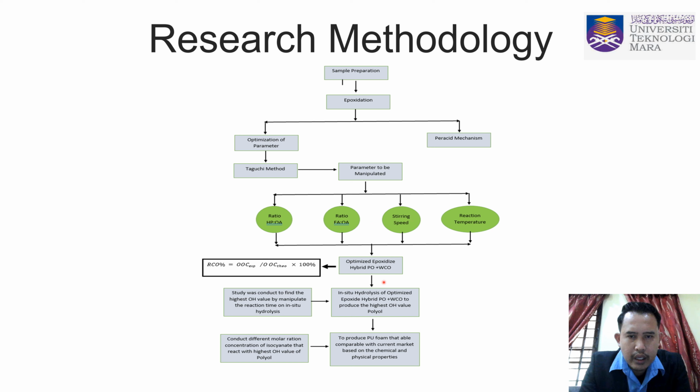After that, we get the optimized epoxide of hybrid palm oil waste cooking oil. After that, we undergo the in situ hydrolysis optimization of epoxide hybrid palm oil waste cooking oil to produce the highest value of polyol. After that, we go on to produce the PU foam and compare it with the current market quality.